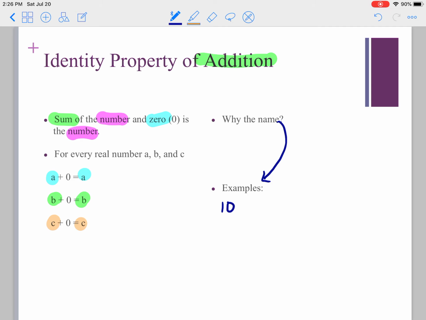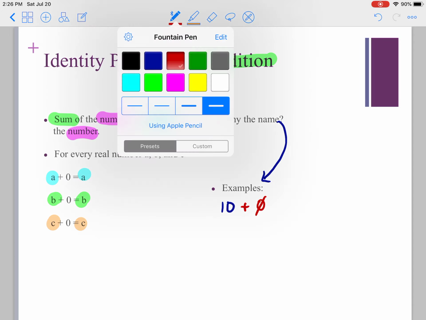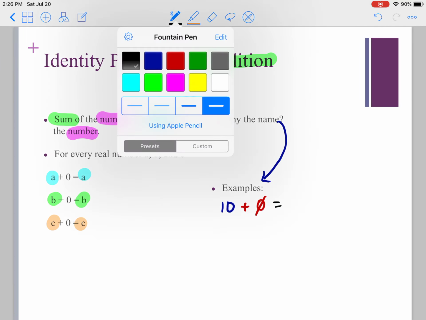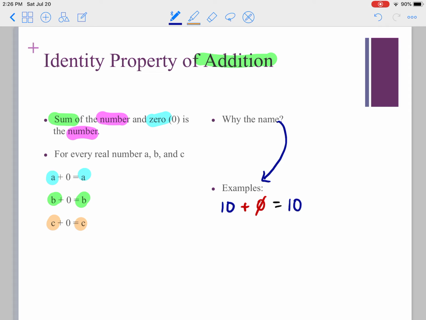And the reason that we call this the identity property is because although we add a value to it, in this case 0, the identity of our original value, the identity of that 10, does not change. It maintains its identity. It maintains its value.